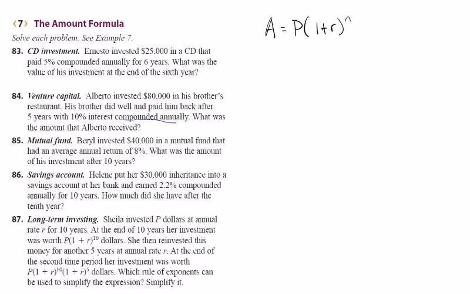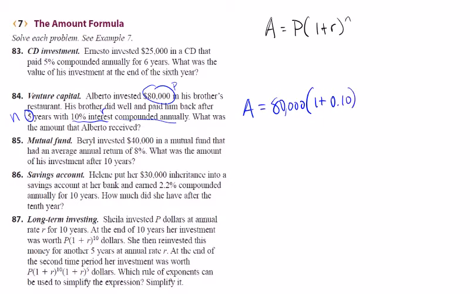But anyway, in this case, $80,000 is our initial investment, so that's P. 5 years, that's N, the number of years. And then the 10% interest, that's our rate. So we have everything we need to plug in. A equals our principal, 80,000, multiplied by 1 plus our rate, which remember is 10%, but we convert that to a decimal, so it's 0.10.